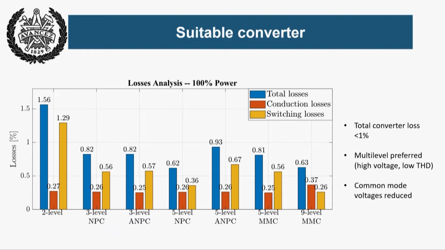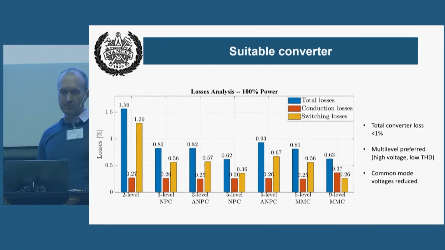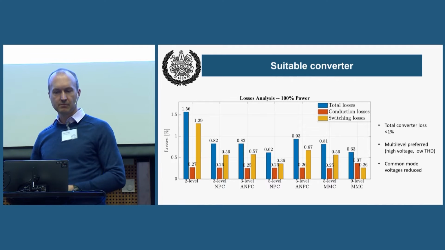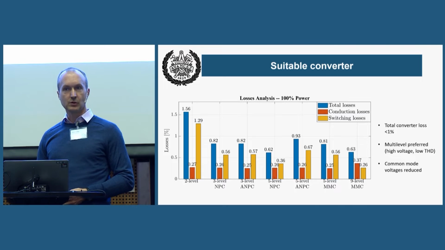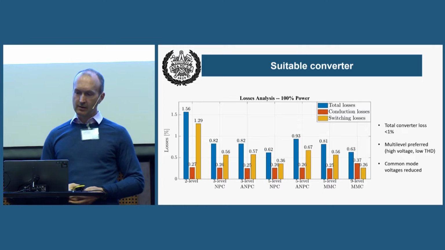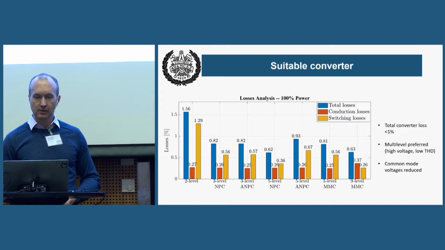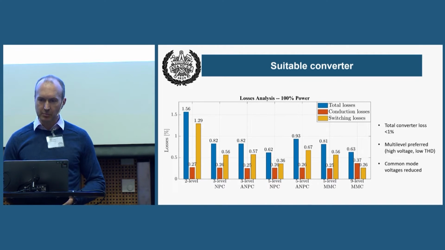So you see for the 2 level on the far left, 1.56% losses, and of course at 100 megawatts, that means 1.5 megawatt of losses inside the converter. But if you move on to the multi-level, then you will have losses which are below 1%. So it is possible to design a converter with losses less than 1% of power. And of course, the multi-level ones are the preferred option.